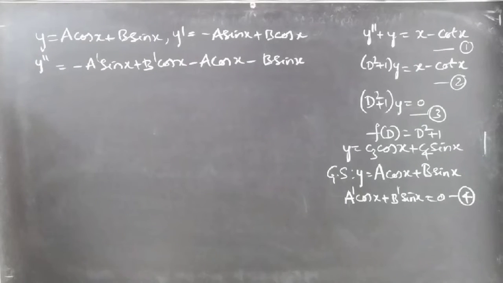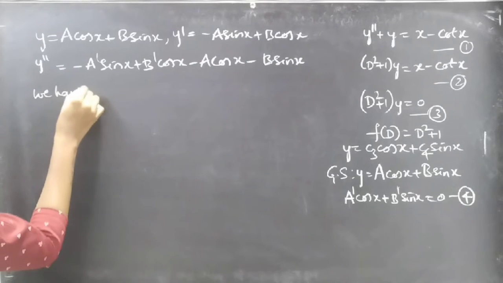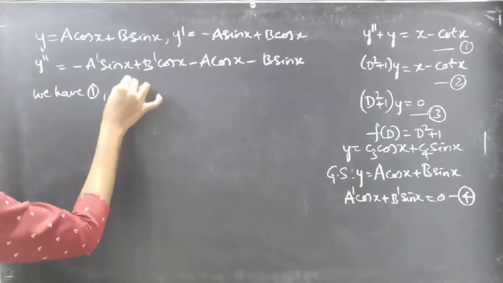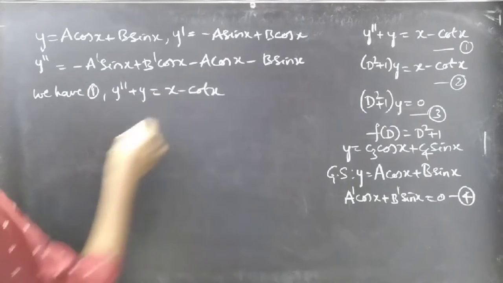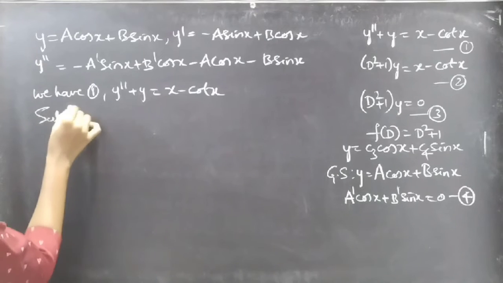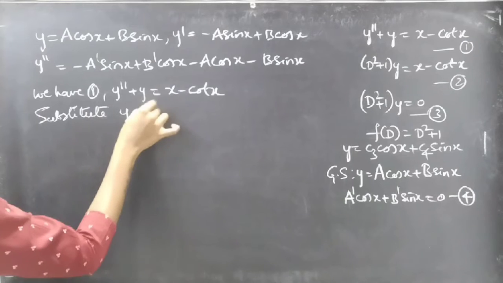Let's substitute y double dash and y in equation 1. We have equation 1: y double dash plus y equals x minus cot x. Now substitute y double dash in the above equation.